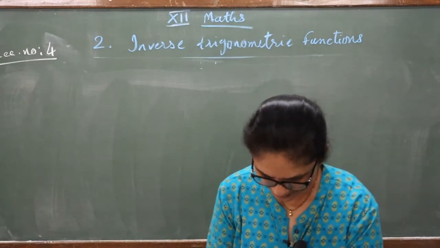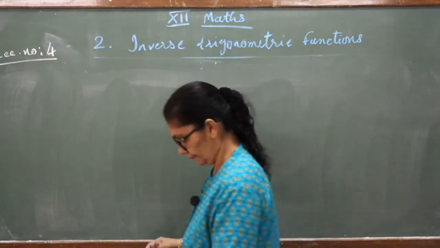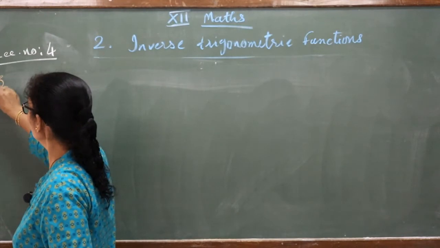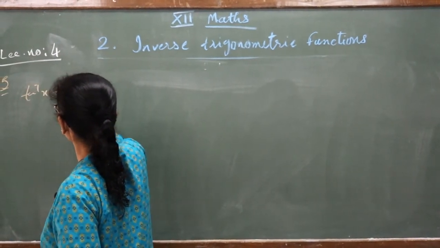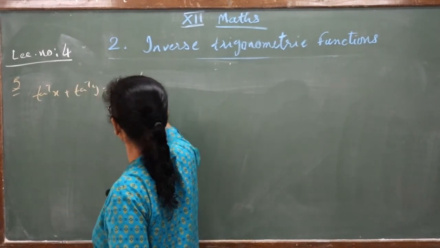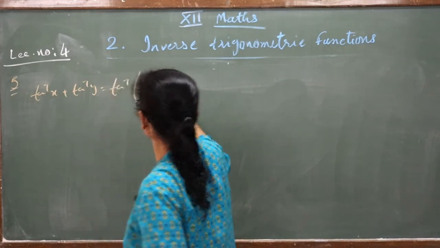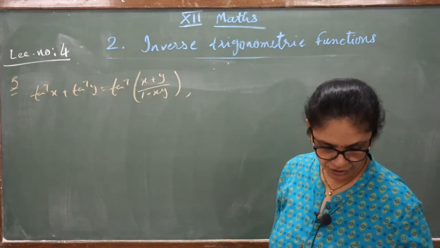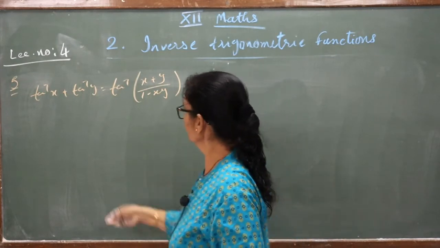Now the next property, that is the fifth one, and its first part is tan inverse x plus tan inverse y equals tan inverse of x plus y upon 1 minus xy. See, here the first condition is x into y is less than 1.